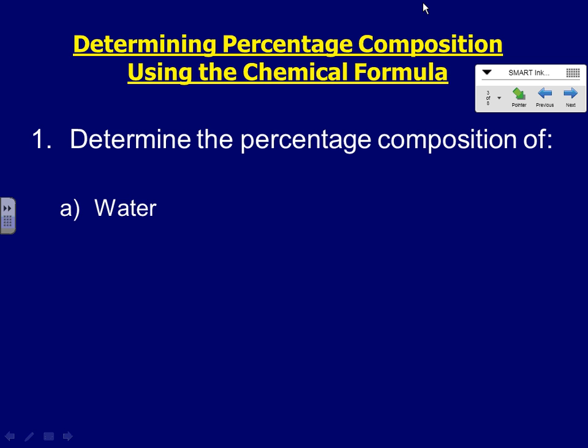Now this is from theory. We believe that water is H2O. And I want to know what the percentage of the mass of oxygen is in that H2O and the percentage mass of hydrogen is in that H2O.